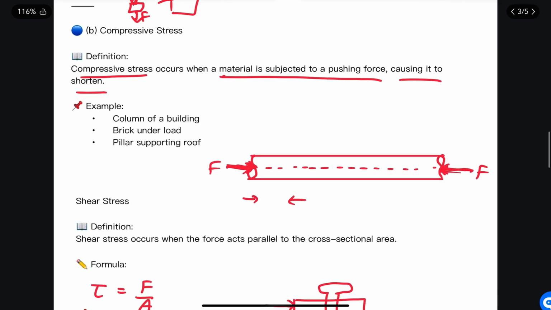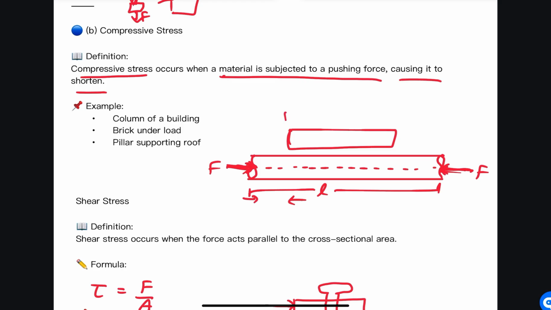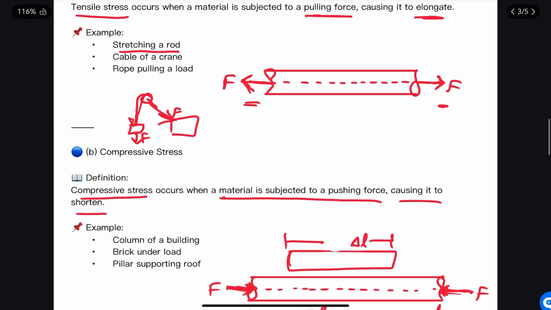Because of compressive stress, the length of the shaft, which is L here, becomes L minus delta L over here, because the length is changed. Like when we compress the ball, the ball size decreases. It's the same for the shaft.